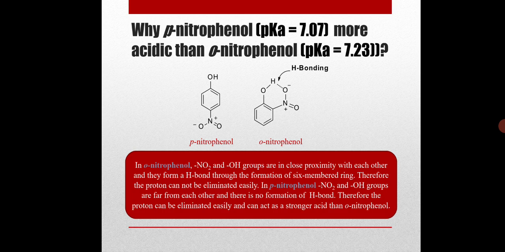But in para-nitrophenol, the nitro and the OH group are far from each other, and therefore there is no question of formation of a hydrogen bond. Therefore, the proton can be easily eliminated in para-nitrophenol, and hence it acts as a stronger acid than ortho-nitrophenol. The pK value for para-nitrophenol is 7.07 and the pK value for ortho-nitrophenol is 7.23. Again remember, more the pK value, lesser is the acidity of the compound.